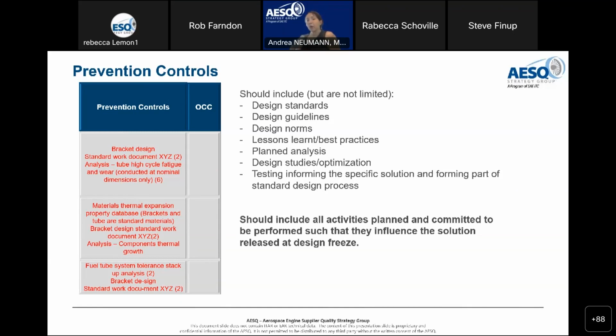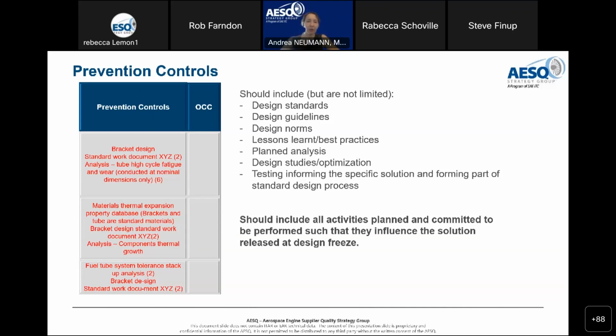And for sure, if you do some analysis or design studies to understand your design and to prevent this cause, or if you did some testing before design freeze, that could be part of the prevention controls.